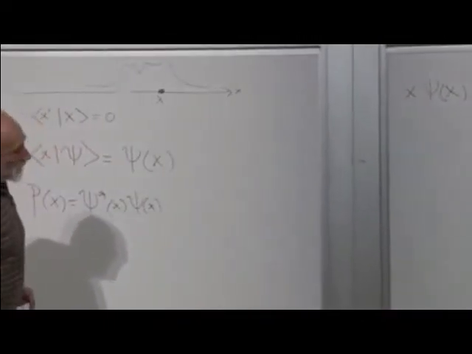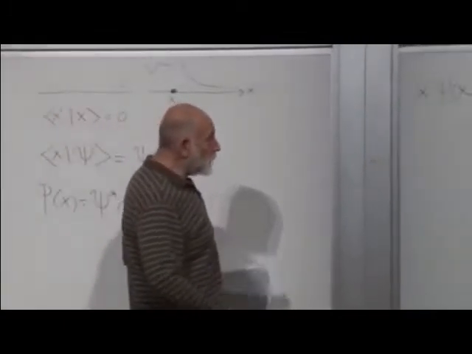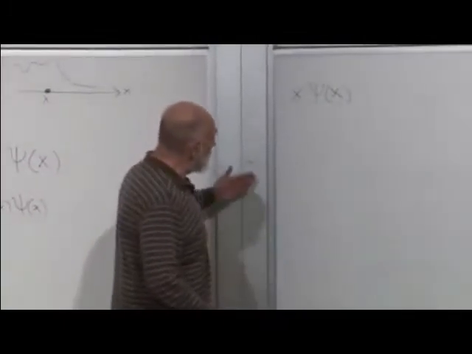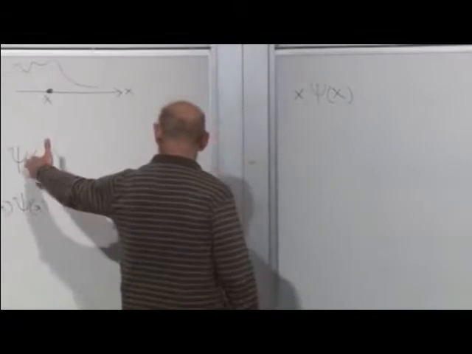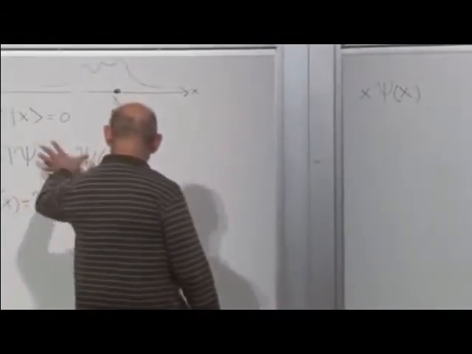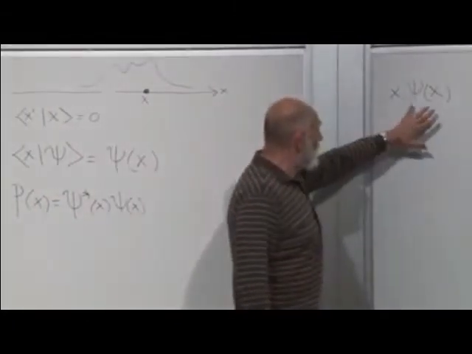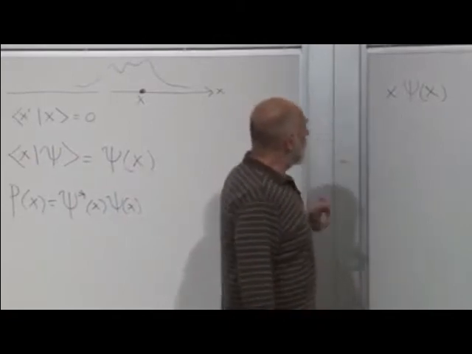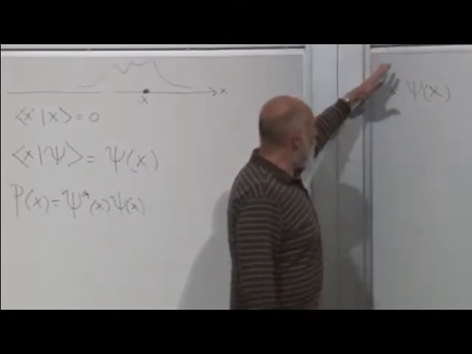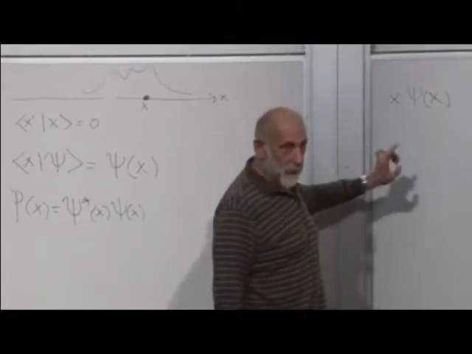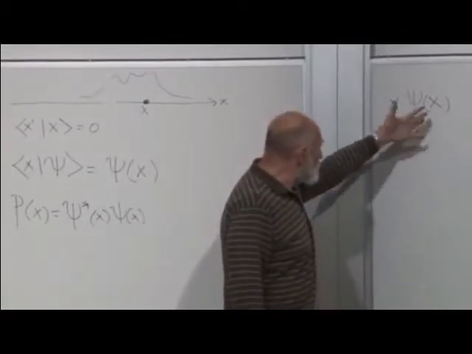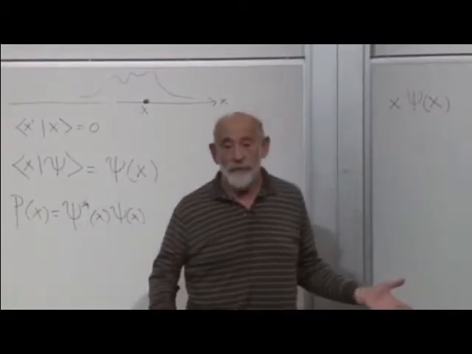If psi of x is a function representing the probability amplitude, psi of x is called the probability amplitude, or the wave function of a particle, then if you want to apply the operator representing position to psi of x, you just multiply psi of x by x. That's all.